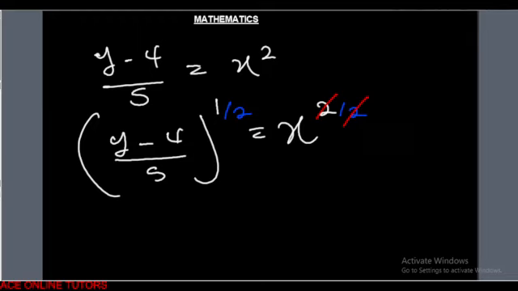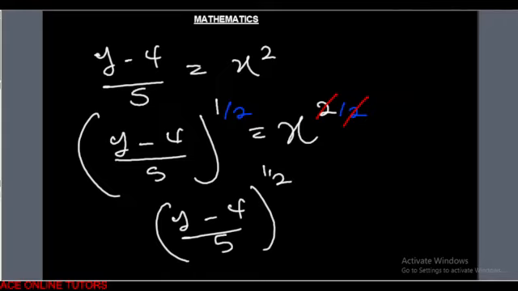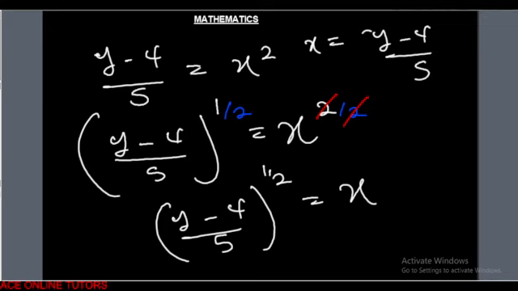What you are going to have left is y minus 4 over 5 raised to power 1 over 2 equals x. Then you can now rewrite it, bringing x first. So you can now say x is equal to y minus 4 over 5 raised to power 1 over 2. Now don't forget that we said something, that whenever you have power of 1 over 2, don't forget that it is power.